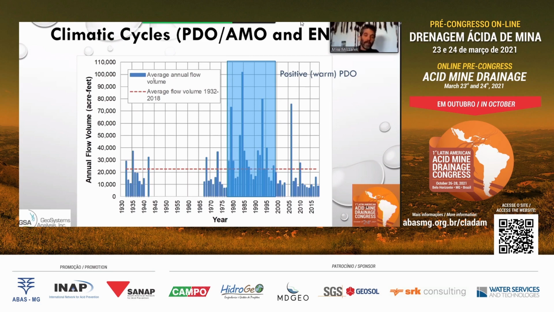So these climatic cycles need to be considered in the design, because, for example, if you design it thinking that this is the climate record during this period of time, or maybe from 2000 to 2020, you're going to underestimate how much precipitation the system is going to receive when the PDO comes back. So we have to be looking at climate records over long periods. We like to estimate 100-year climate cycles.